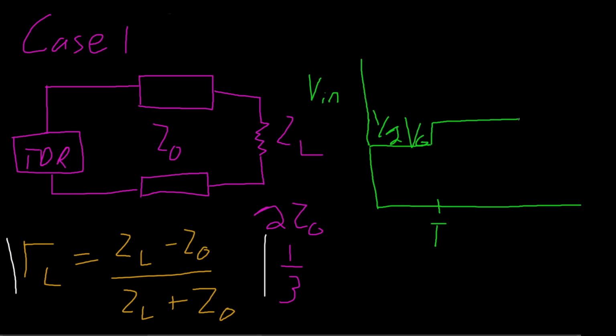As the transmission line goes to steady state, it is going to go to 2/3 VG for the first case. Now if this was negative, you'd subtract it, so instead of going up, you go down this way.